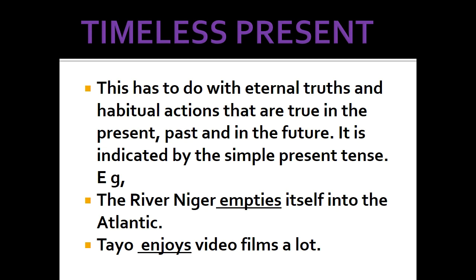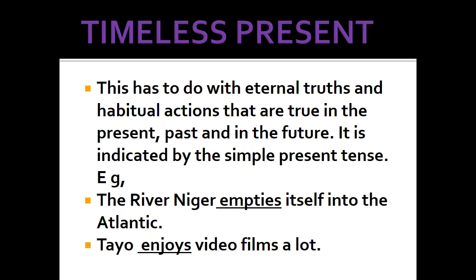Timeless present is another form of present time. And when we say something is timeless, that means there is no specification in time or no limitation in the time. So this has to do with eternal truth and habitual actions that are true in the present, past, and in the future.